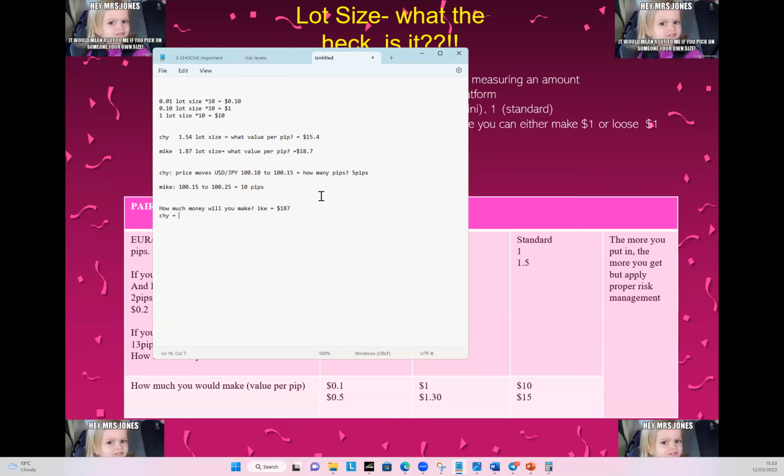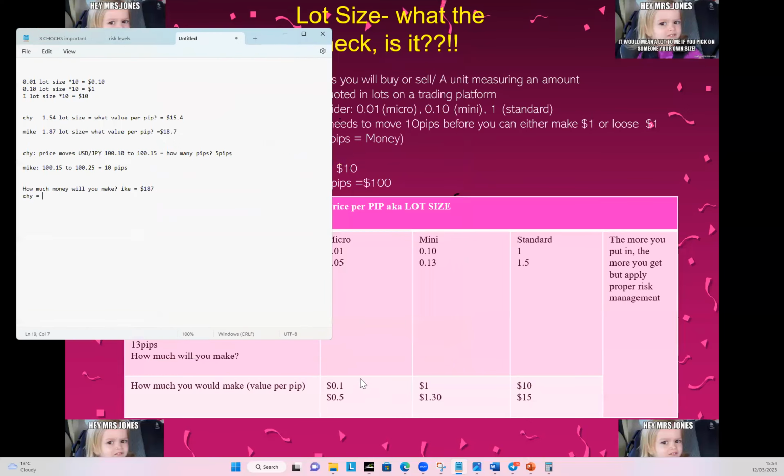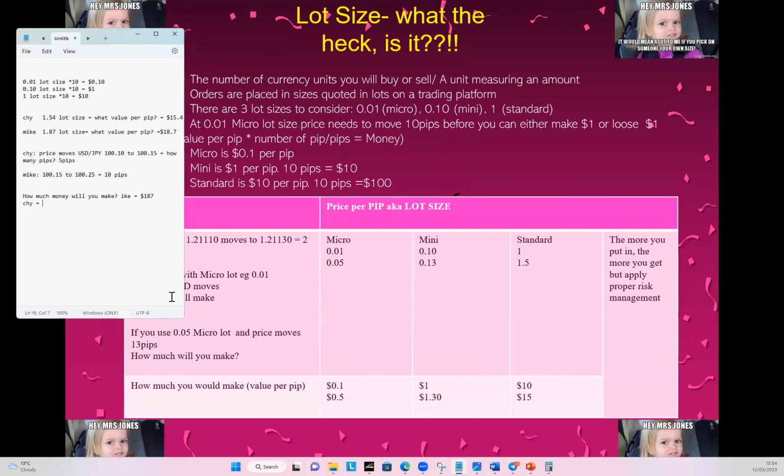So can you guys tell me how you work this out? So the pip point, which is 10 that you've got, times the value per pip, which is 18.7, times the number of pips, which is 10.